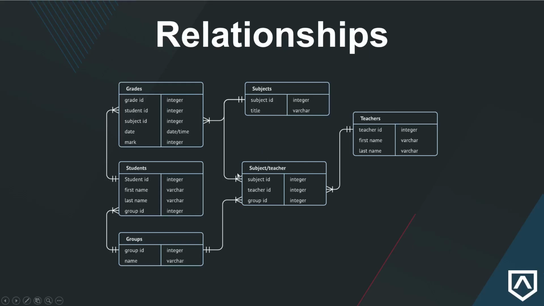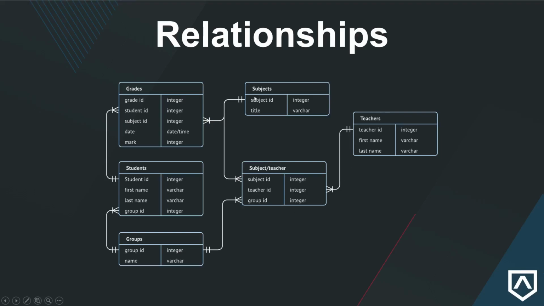So you can see here we have something. This is a joining table. What this does, you can see it's just IDs. So what you can do is I can take the subject, the teacher, and the group, and this will allow me to join all three of those. So this is just a table that lists all of the relationships between these things.